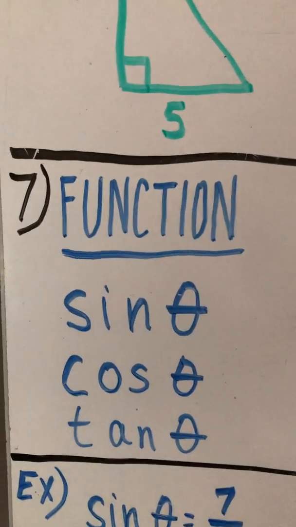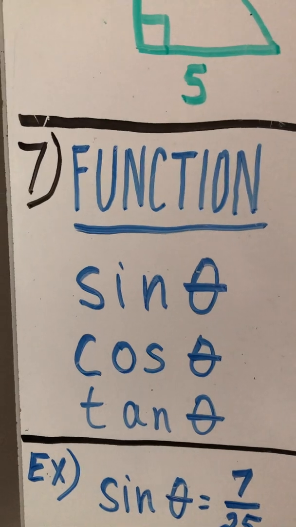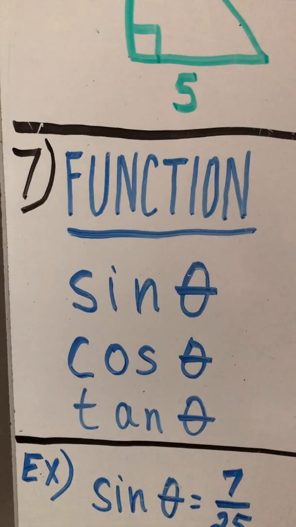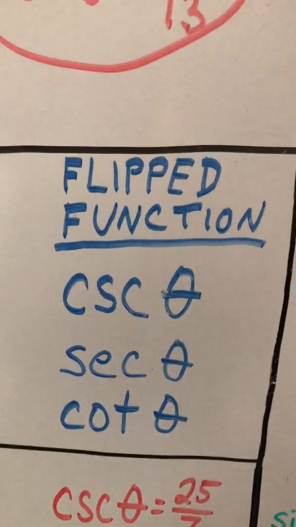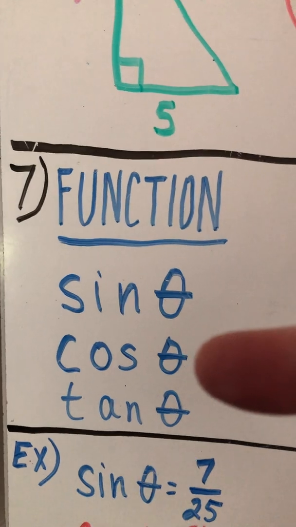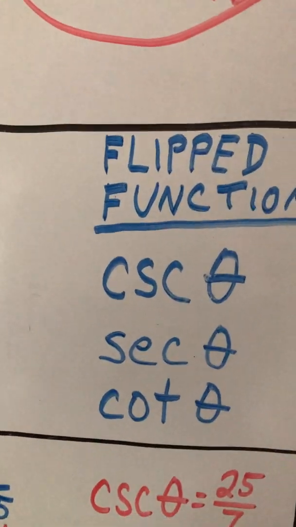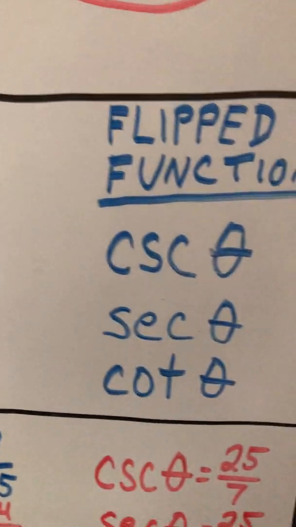Now, if you have sine, cosine, and tangent, if you flip over sine, that's called cosecant. If you flip over cosine, that's called secant. If you flip over tan, that's called cotangent.